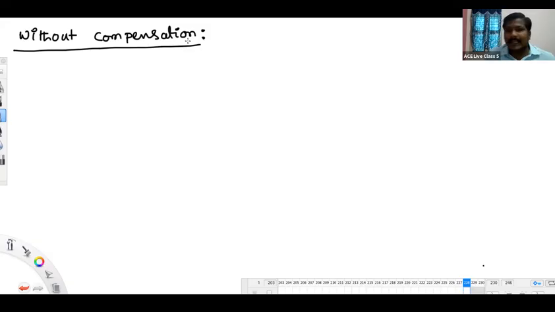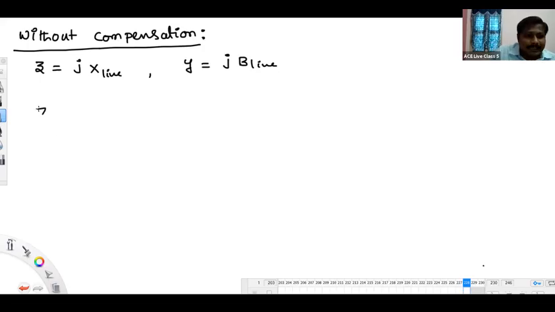Okay, without providing any compensation, series impedance per kilometer is jX line. Shunt admittance per kilometer is jB line per kilometer. What is ZC? I'll say ZC1, surge impedance, which is square root of small z by small y.